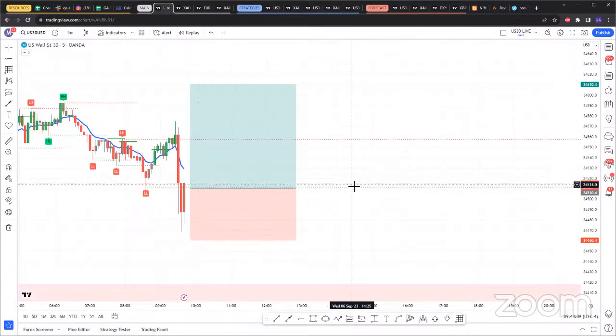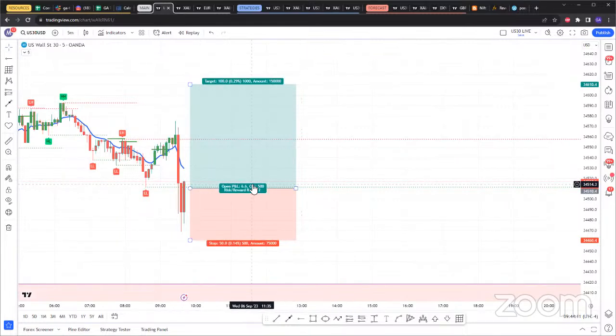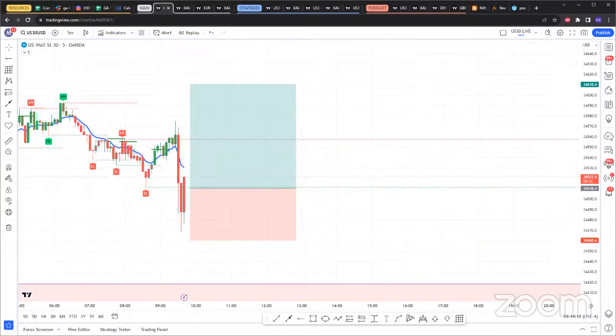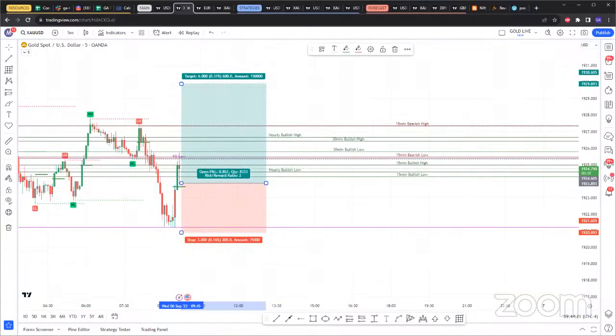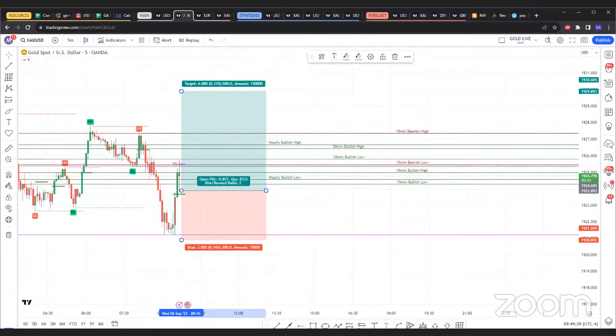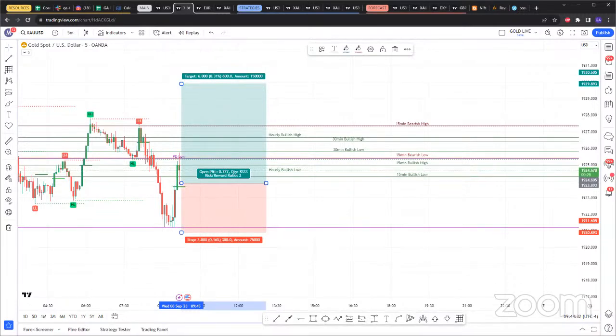US 30 as well, we need a 5-minute one. So let's see. I think the gold one will validate before. See for this gold trade.